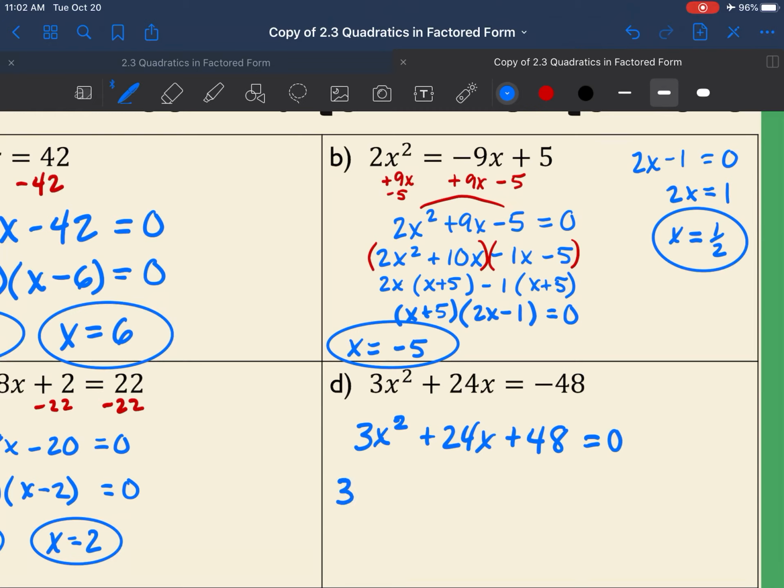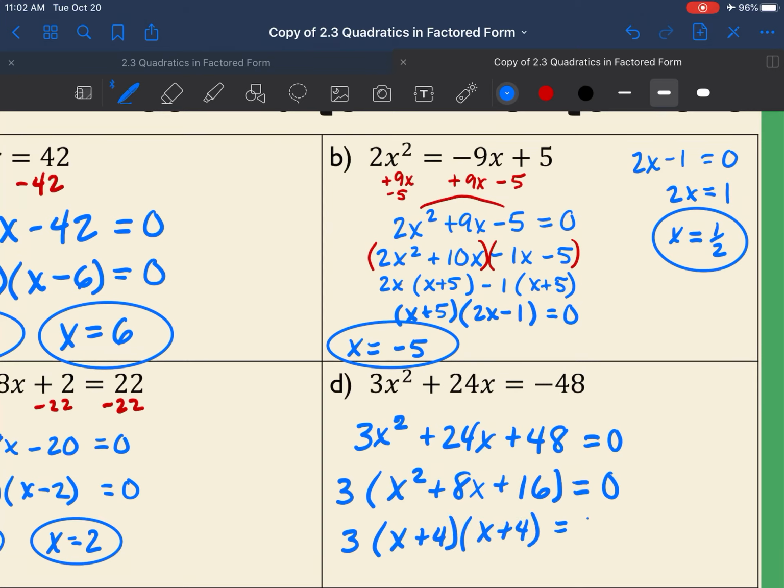So divide out the 3 and you get x squared plus 8x plus 16 equals 0. And then this will factor into x plus 4 times x plus 4. So it looks like you get x is equal to negative 4 and x is equal to negative 4.